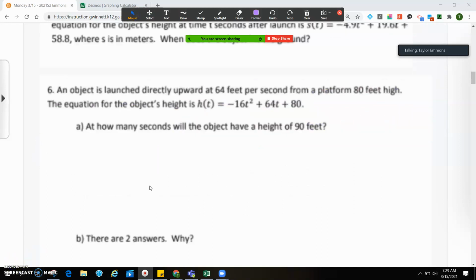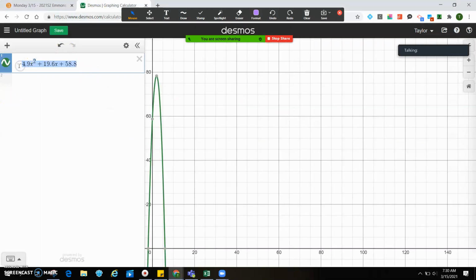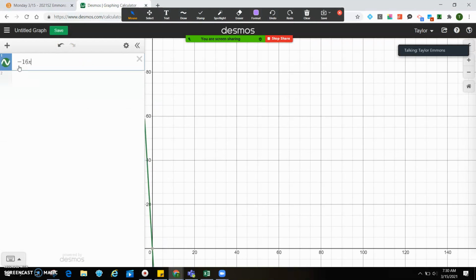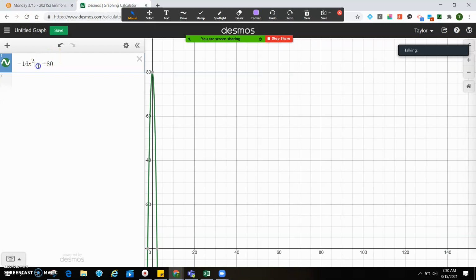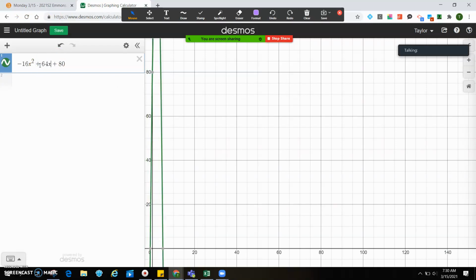Alright, so on number 6, it says an object is launched directly upward at 64 feet per second from a platform 80 feet high. The equation is that. At how many seconds will the object have a height of 90 feet? Okay, so you're going to take this equation and plug it into your calculator. Okay.